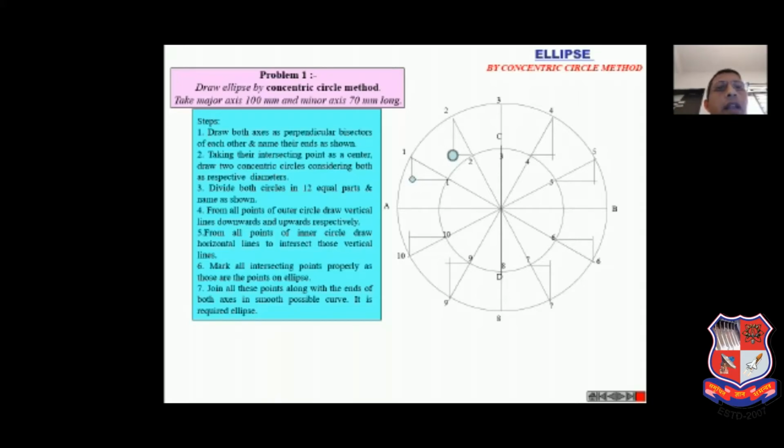Mark all intersecting points properly as those are the points on the ellipse. Join all these points along with the ends of both axes in a smooth possible curve. So it is our required ellipse.